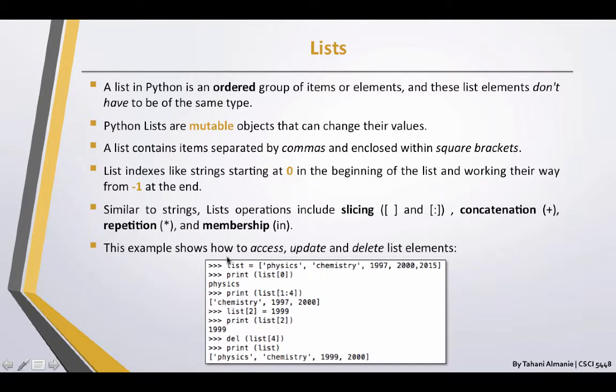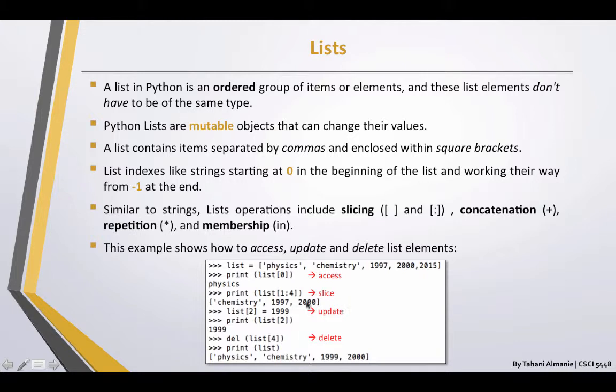Here, this example shows how to access, update, and delete list elements. So here the list contains different types of elements. To get the first element, we use list of 0. To get a group of elements, we use the slice range of numbers from 1 to 4.